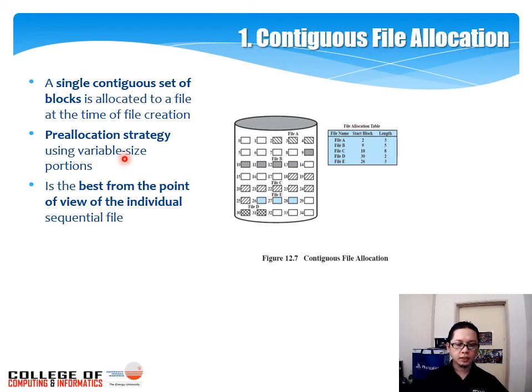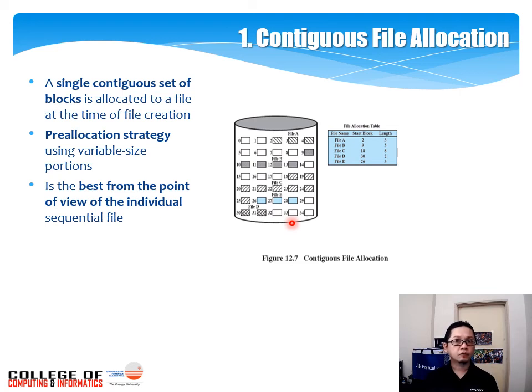So let's say it is estimated that file A will need to use 3 blocks of memory, while file B needs about 5 blocks of memory, while file C, 8 blocks, and so on until file E. So usually each time a file is created, it needs to give some estimation of how many blocks it will use.